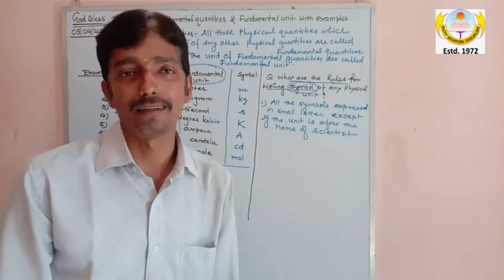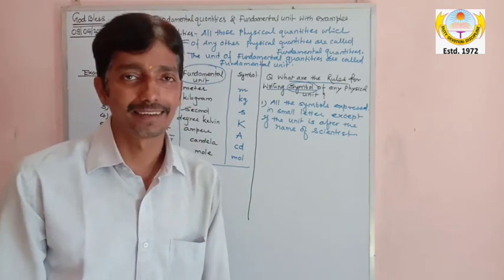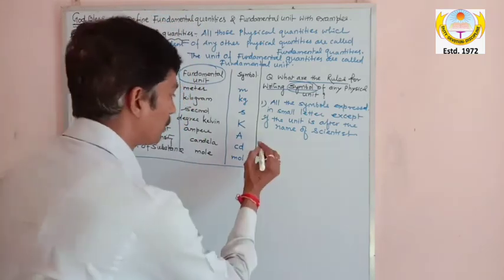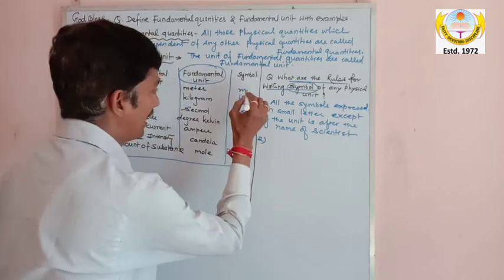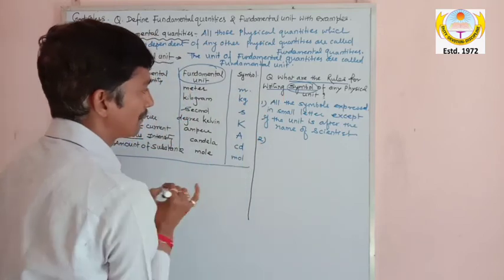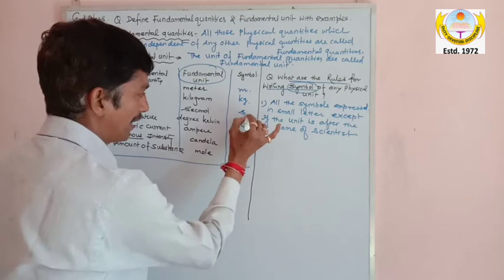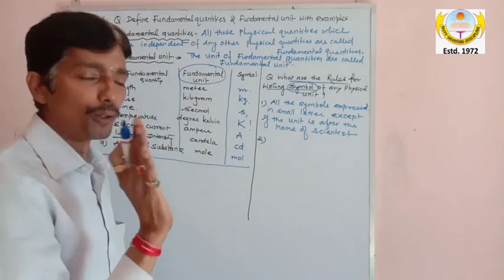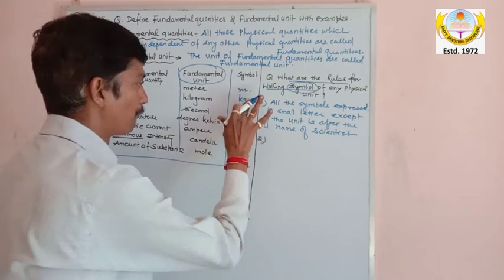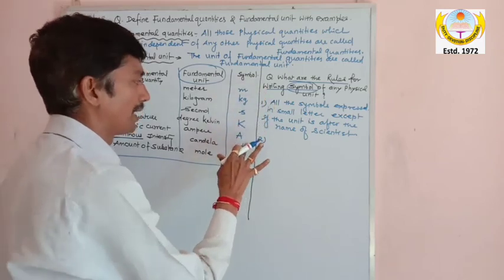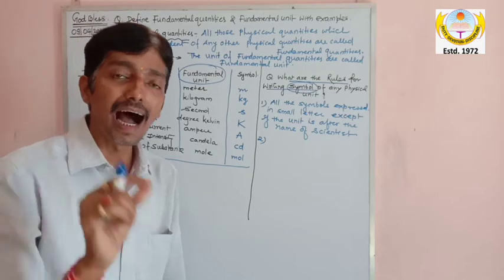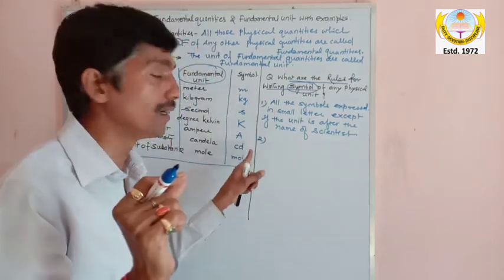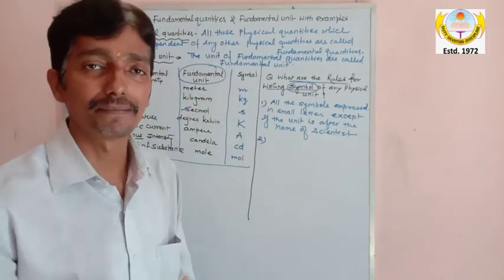While writing symbols, please take care. The second rule is, my dear, you can see, did I put any full stop? Any comma? Any punctuation mark? No. There is no full stop, no comma, no punctuation mark after writing the symbol of the given unit.